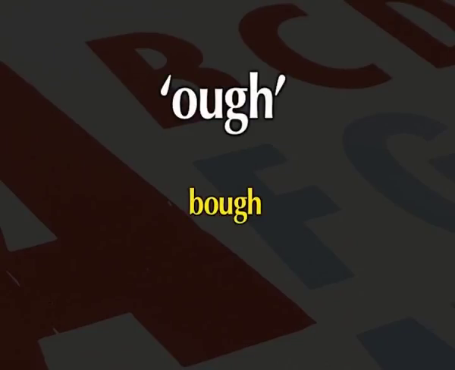The letters O, U, G, H can be pronounced in 8 different ways, as in bow, bought, cuff, dough, hiccup, rough, thorough and through. Therefore, the first step in studying any spoken language is to determine the phonemes.